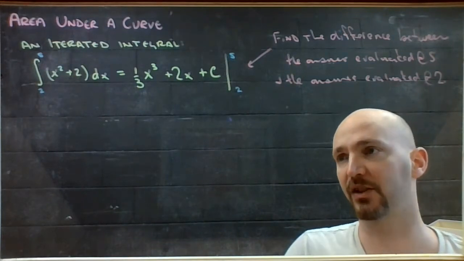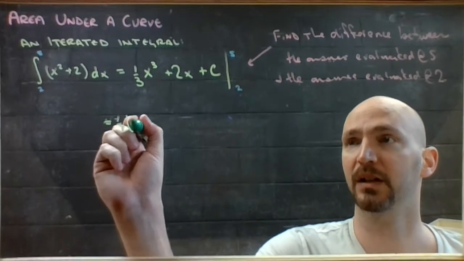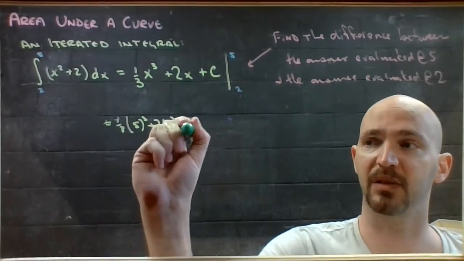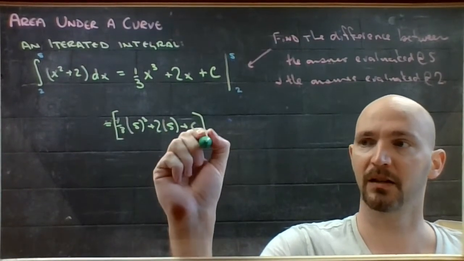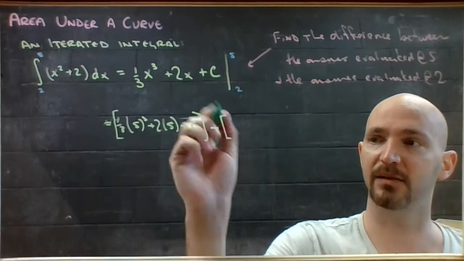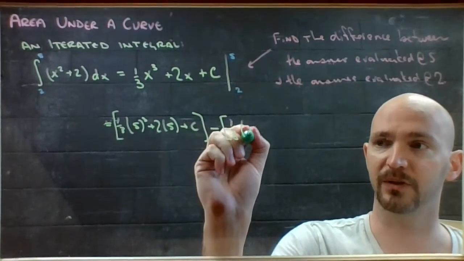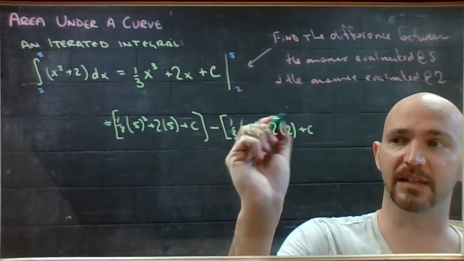So if I were to actually execute that, I would have 1/3 of 5 cubed plus 2 times 5 plus whatever this constant is. And I'd have to subtract from that 1/3 of 2 cubed plus 2 times 2 plus c.